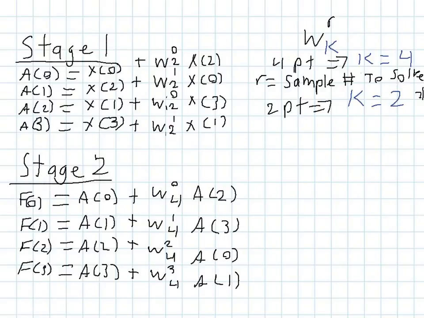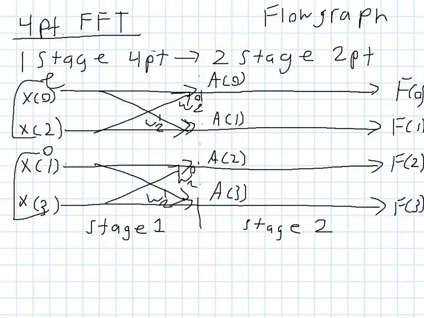So going back over here, let's go ahead and fill that in. So f of 0 is going to be a straight mapping of a of 0 with the addition of a of 2. This is going to have a twiddle factor 0 of 4.